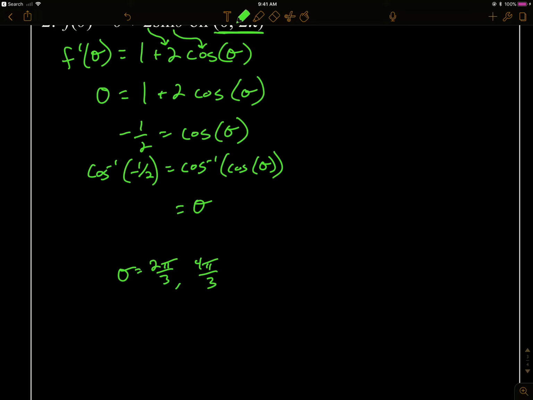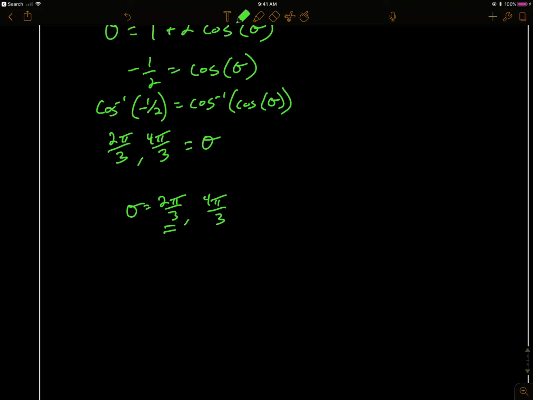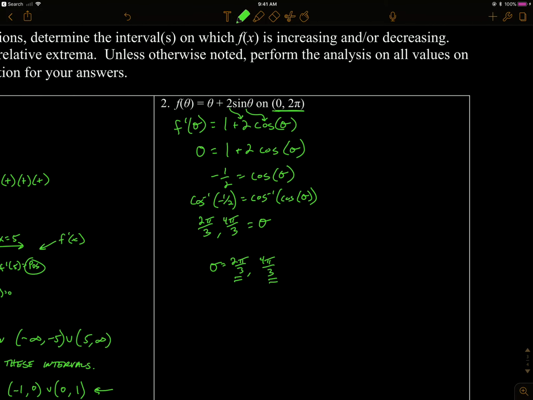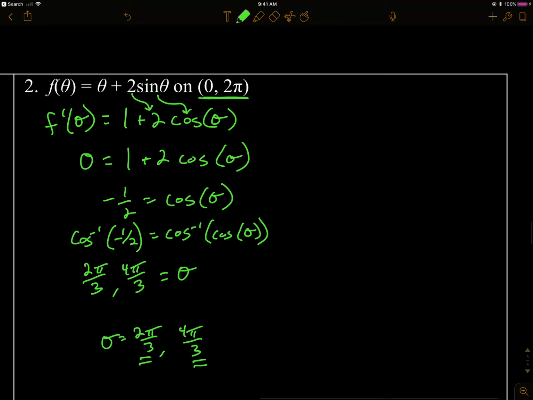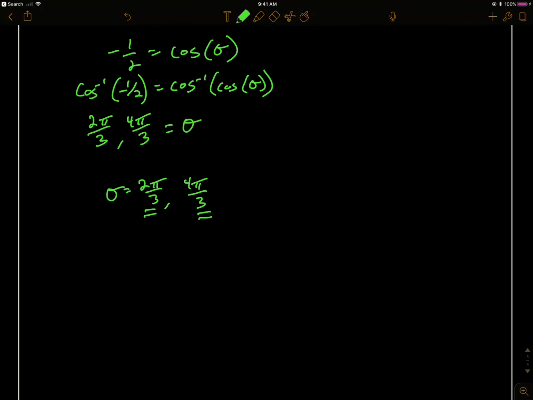The inverse cosine of negative 1/2, your calculator would report back those values. The inverse cosine just means what's the angle whose cosine value is negative 1/2, which we just talked through. So these are the ones that are on the 0 to 2 pi. By the time we come back around to it again, as we go through the unit circle, we would go outside of our domain from 0 to 2 pi. So those are the only two.